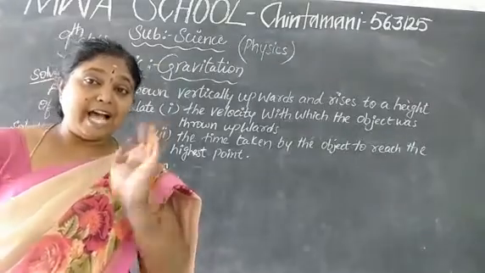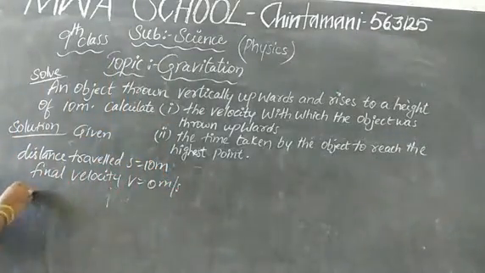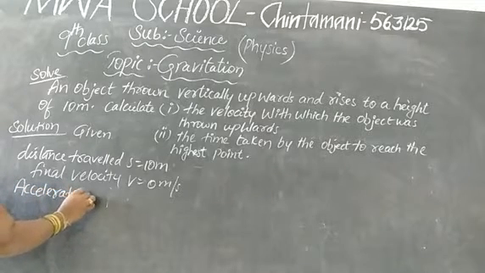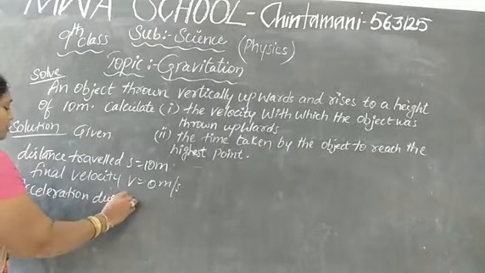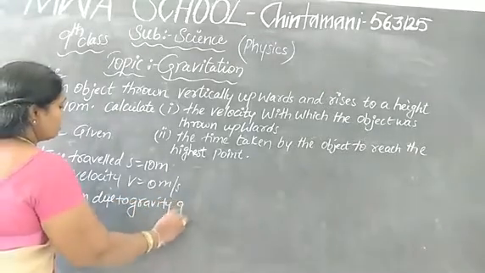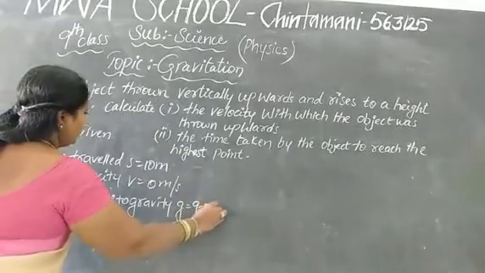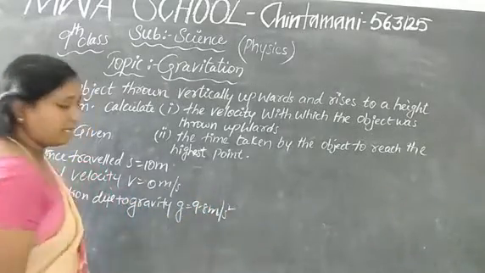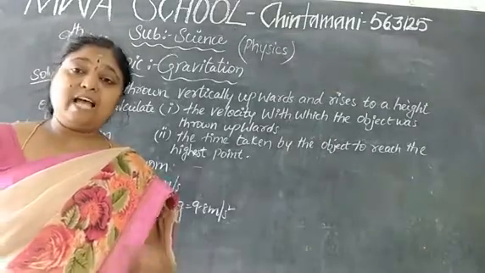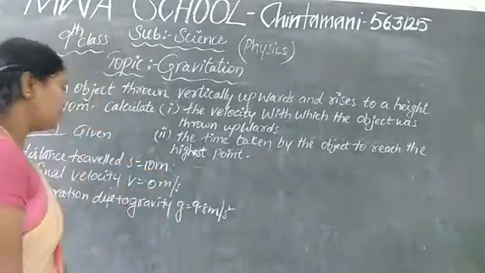Then we know the acceleration due to gravity. How much, children? It's the constant value, 9.8 meter per second square. Then what is the acceleration of the object?